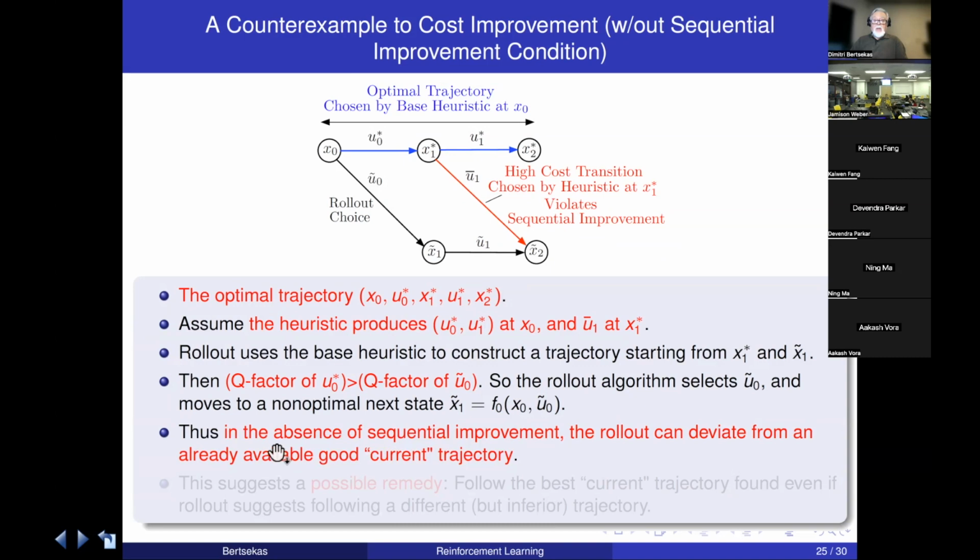So in the absence of the sequential improvement condition here, the rollout can deviate from an already available good current trajectory and follow an inferior trajectory after that.